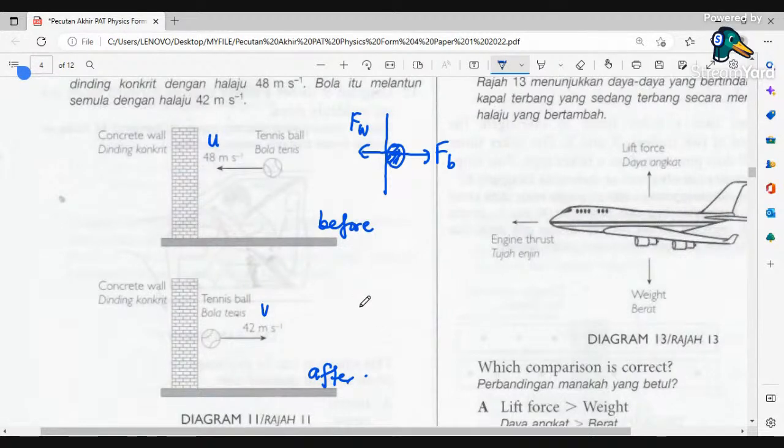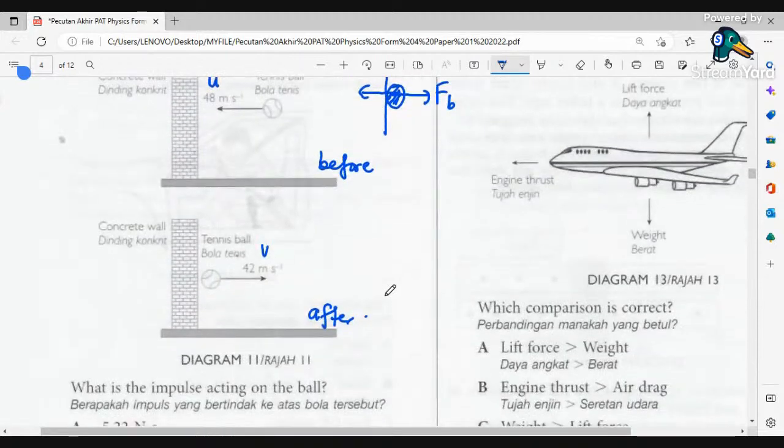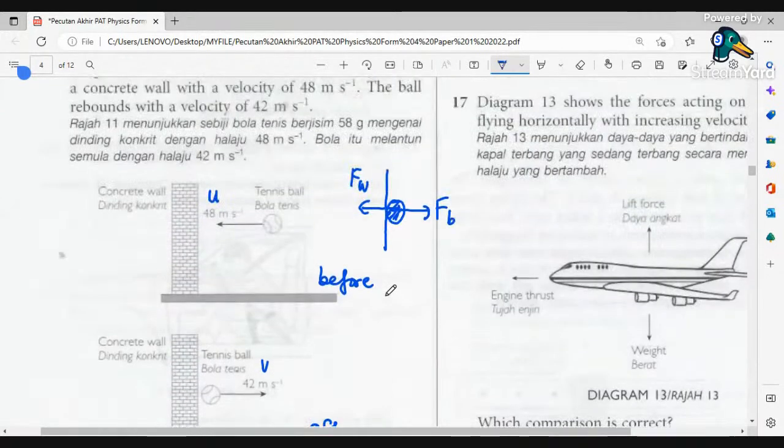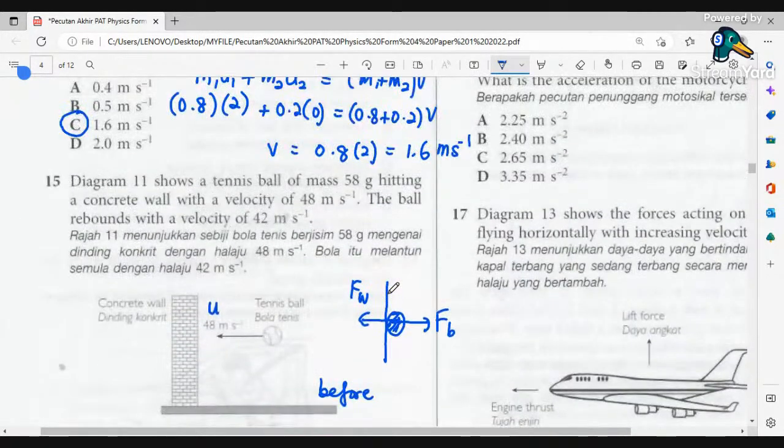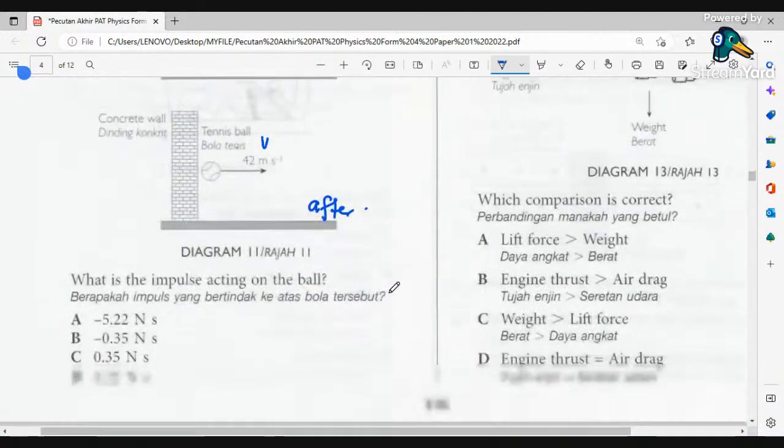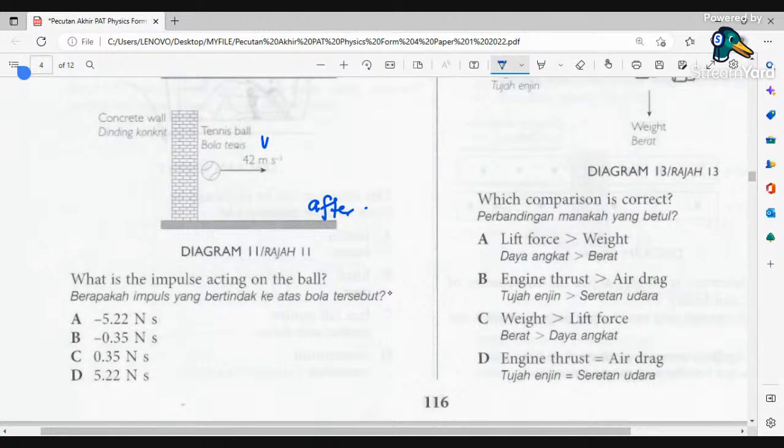Action force is to the left side. Okay, impulse. Impulse equals to Ft equals to m(v minus u).